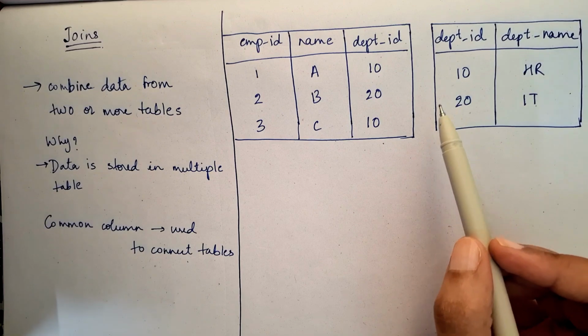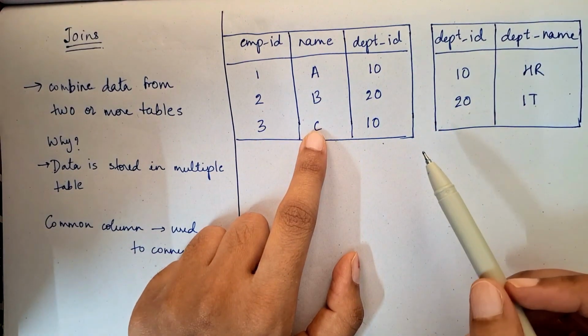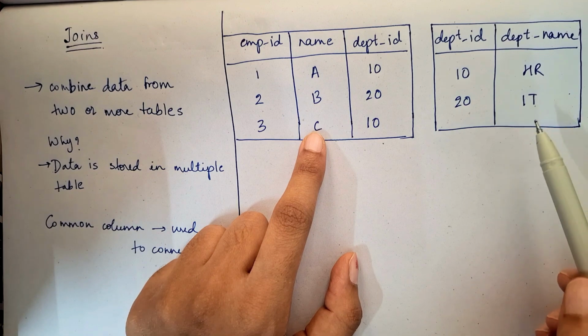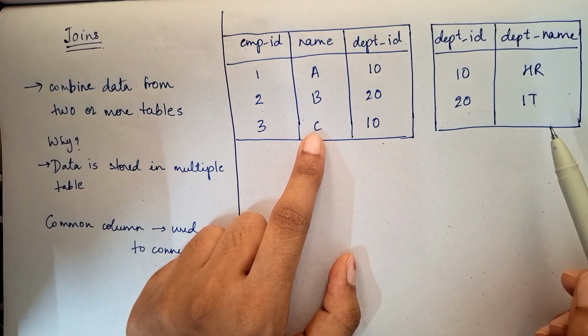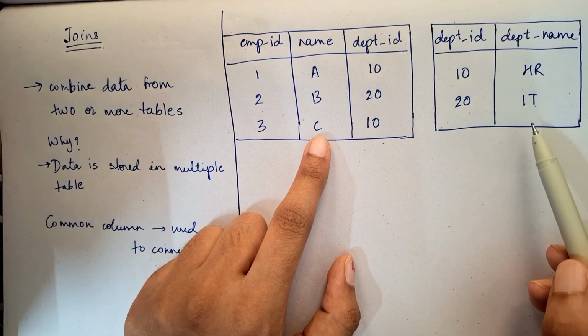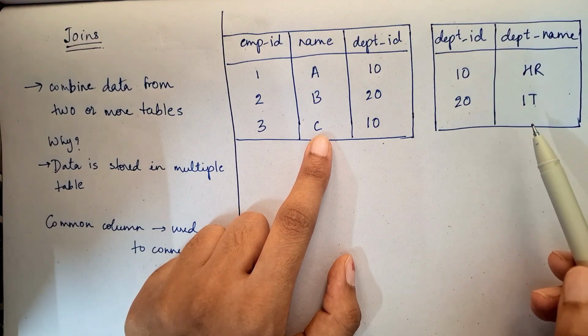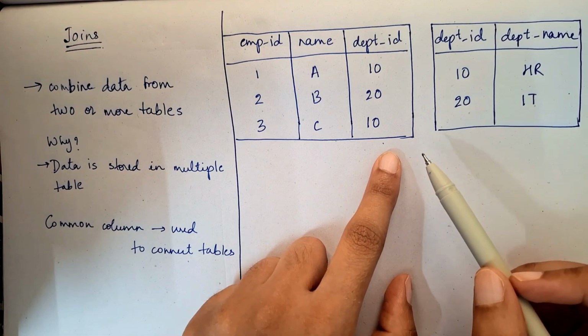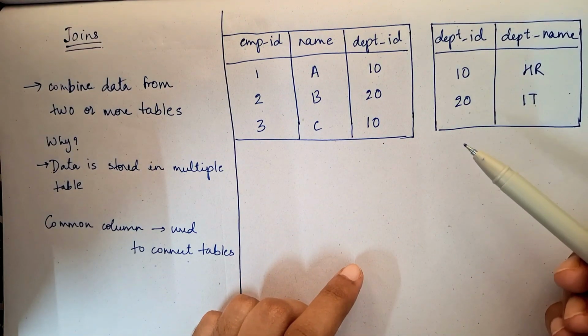Now suppose I want to see employee name along with department name. Can I get this from a single table? No, because employee name is in the employees table, whereas department name is in the departments table. So we need to combine both these tables, and that is exactly where we use joins.